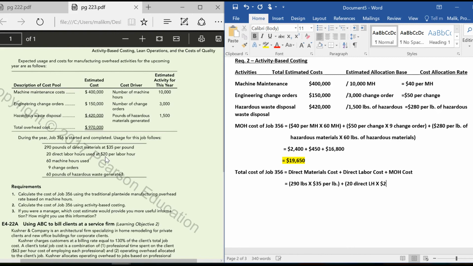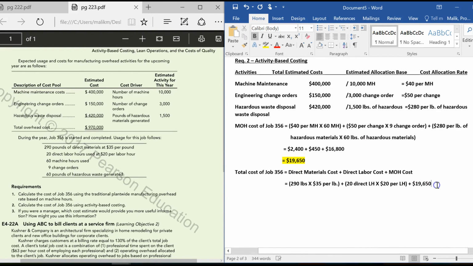The wage rate is $20 per labor hour. So this is our direct labor cost portion. And the overhead cost, we actually calculated it, so I can just plug in the number from here, which is 19,650.